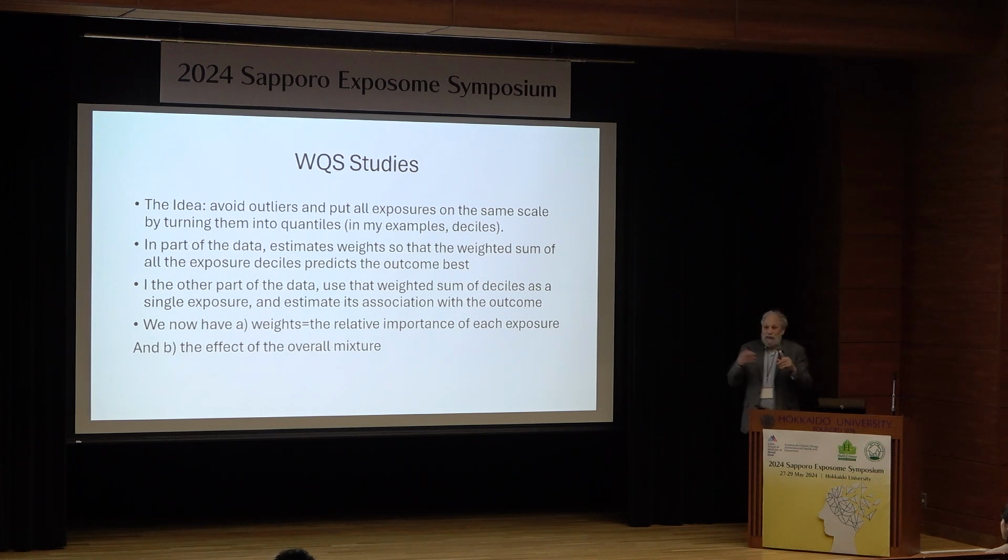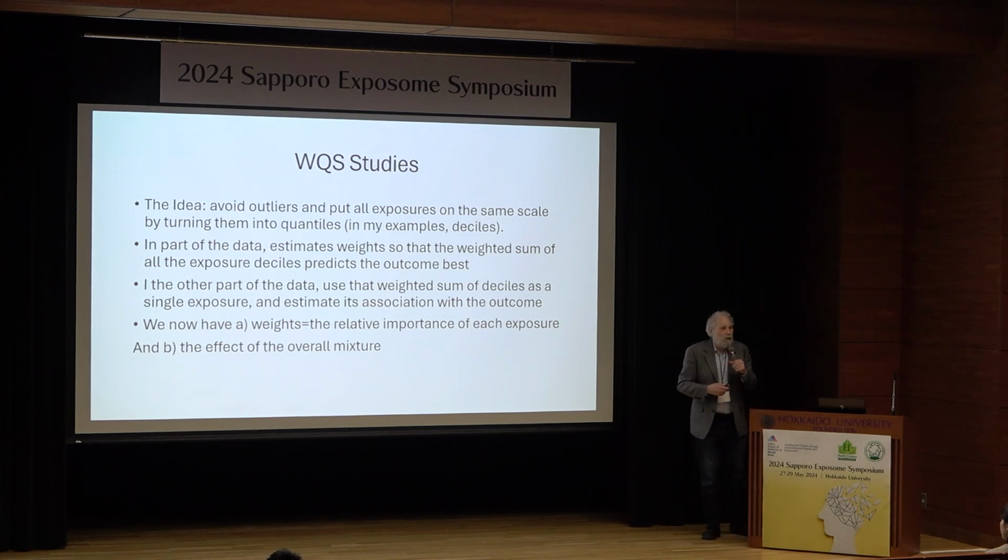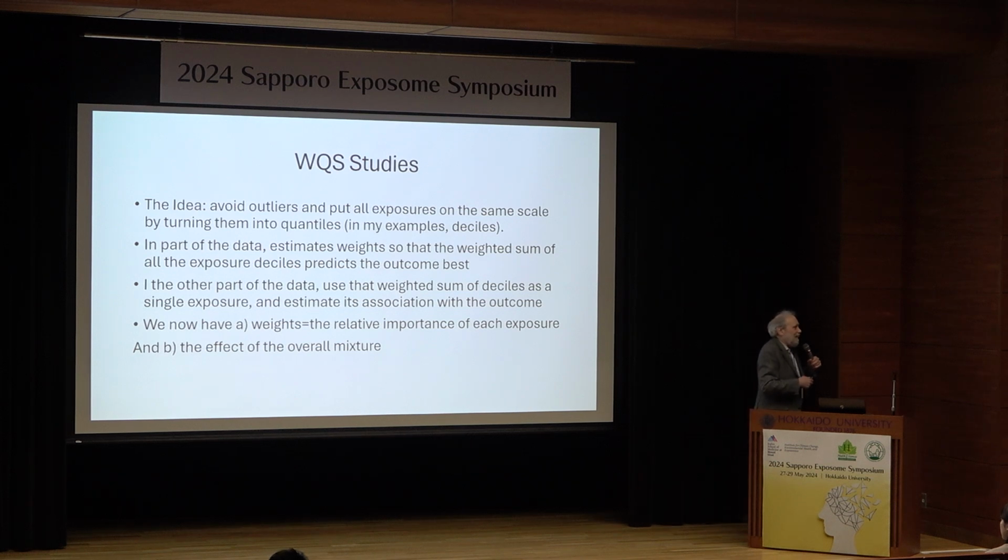Now I could turn them all into z-scores, but the problem is I would still have outliers in all of these exposures, and I'd like to deal with that also. And so one good way to do it is to put them on the same scales by turning them into quantiles. And in my case, I use deciles, and that's because I have 10 fingers. If you have a better reason for why I use deciles, come and talk to me later.